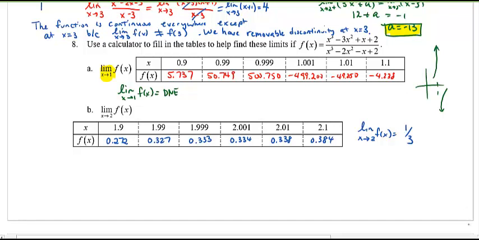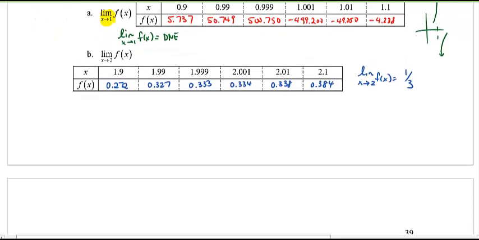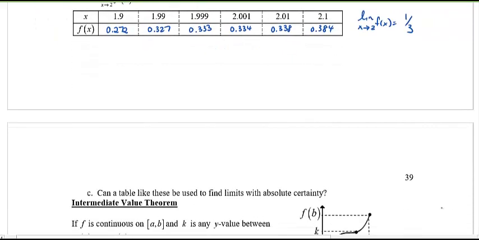Awesome. Now, there is one more question. Apologies, it's on the next page. But I said, can a table like these be used to find limits with absolute certainty? Think about that. Absolute certainty. And I would say not absolute certainty.